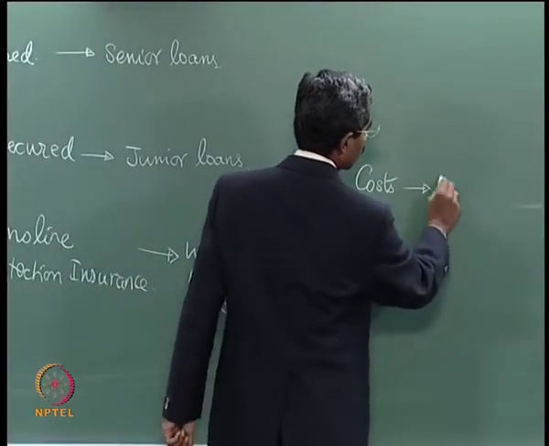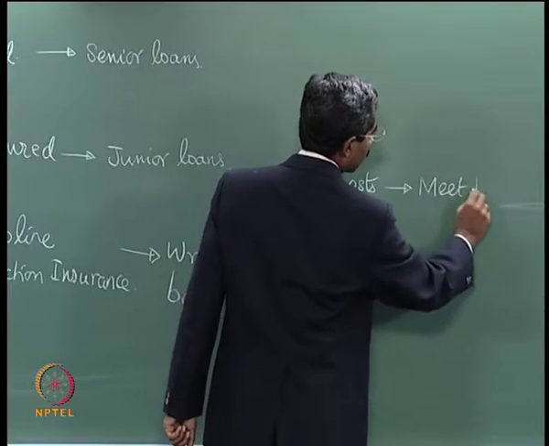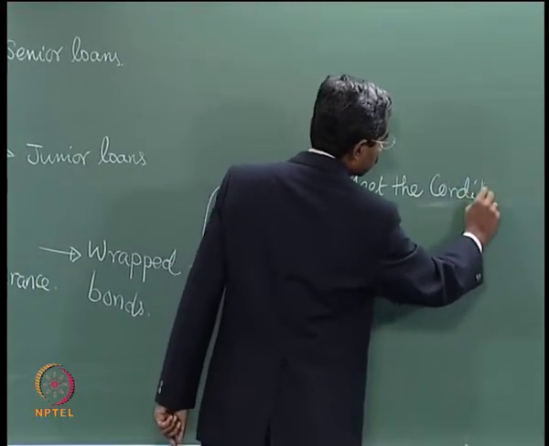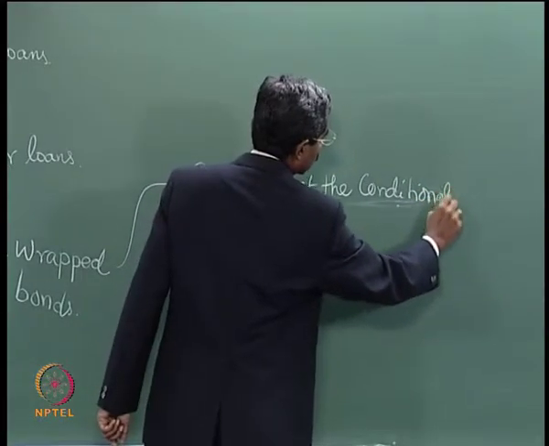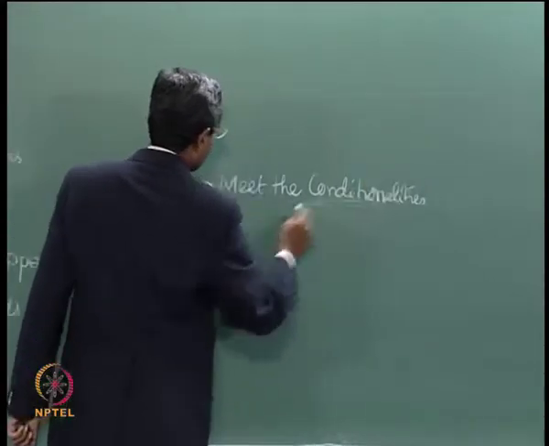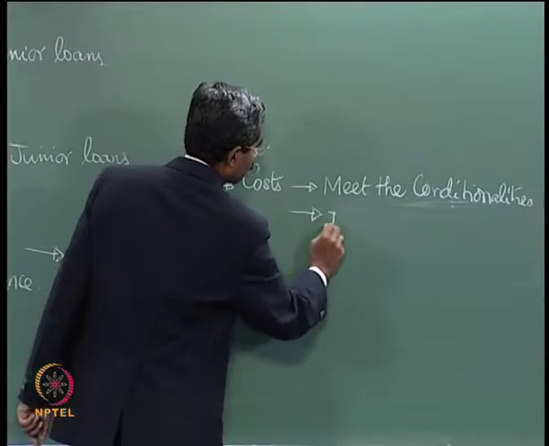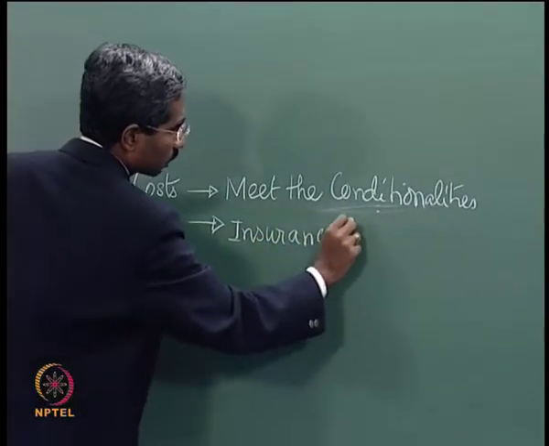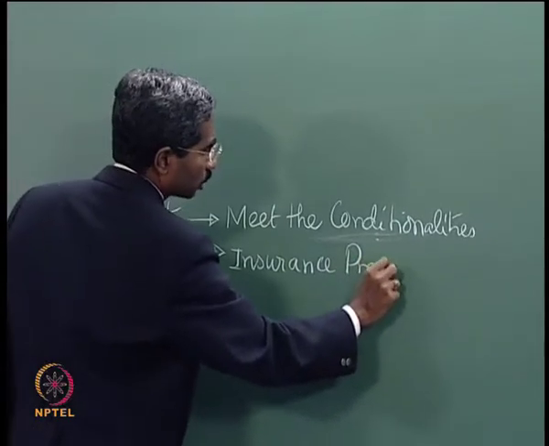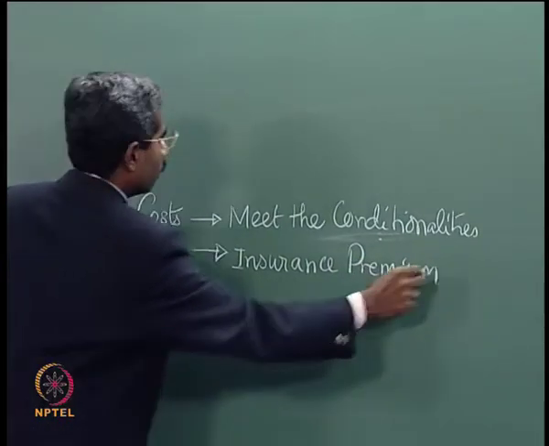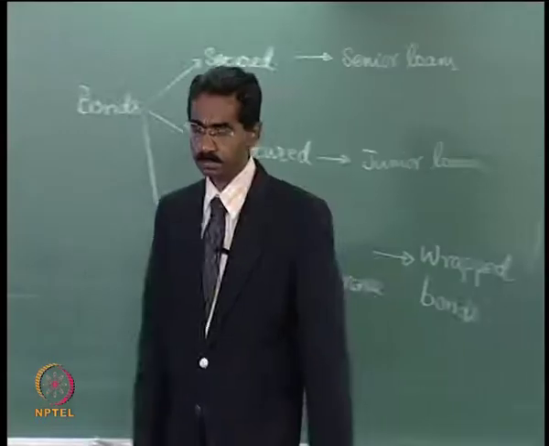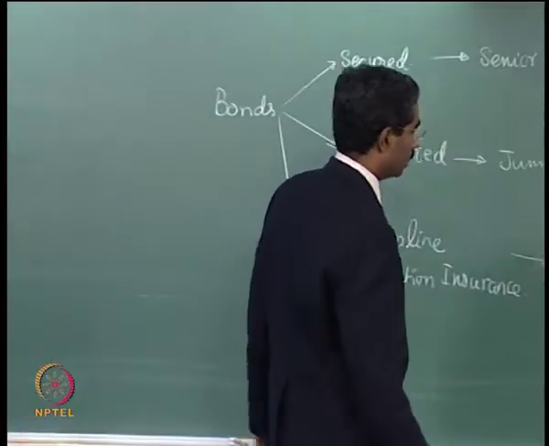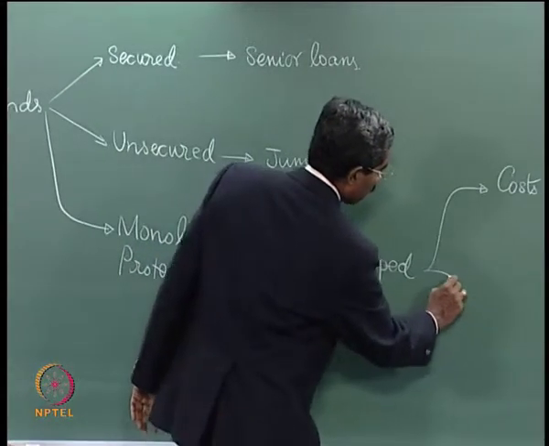One is to meet the conditionalities of the insurance provider, and the second is the insurance premium, which needs to be paid. Okay, so these are the two major costs.